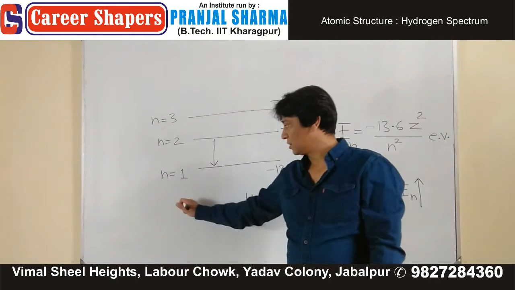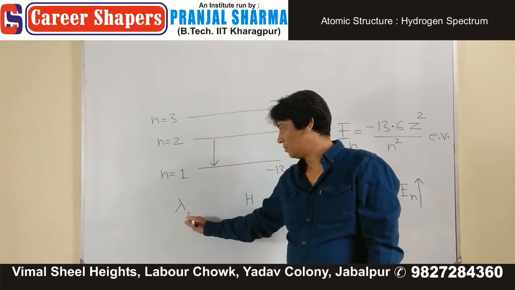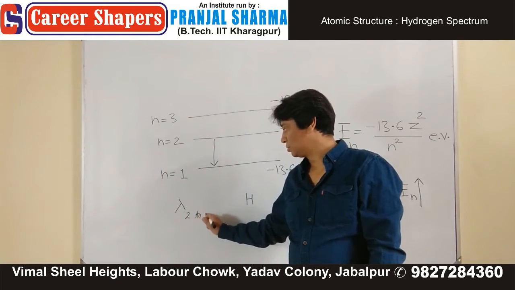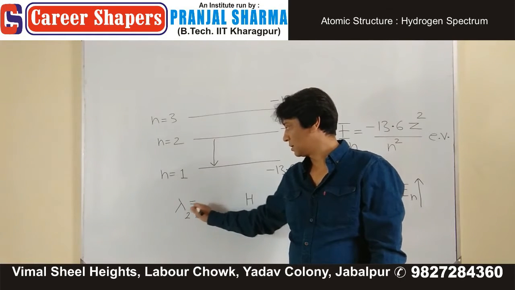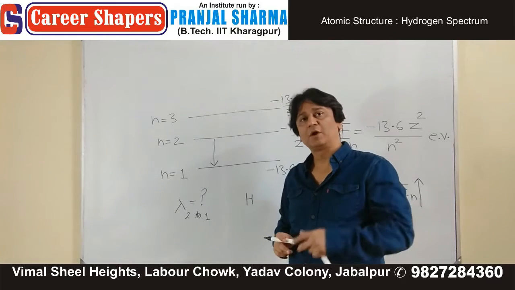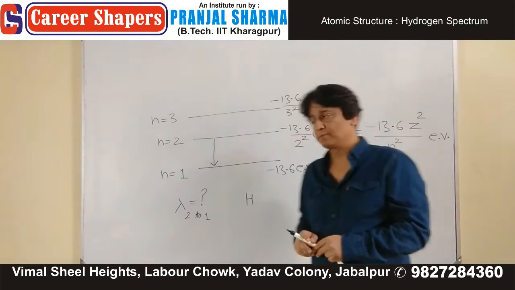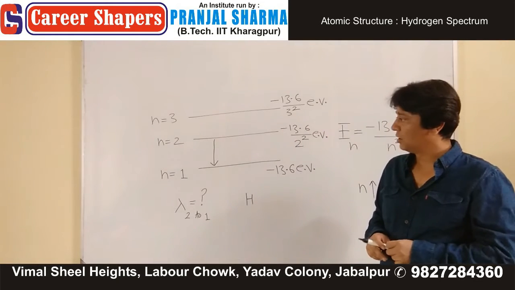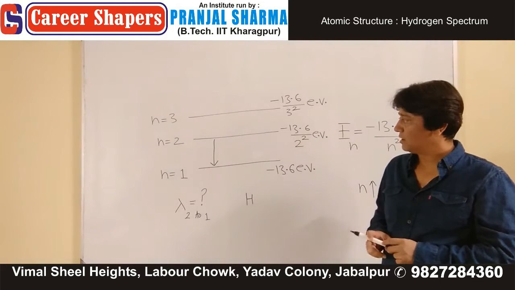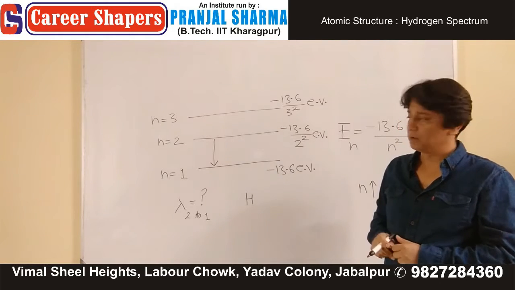So I'm asking lambda when the jump is from 2 to 1. Present your answer in terms of h, c, all these things. You don't have to put values of h and all.